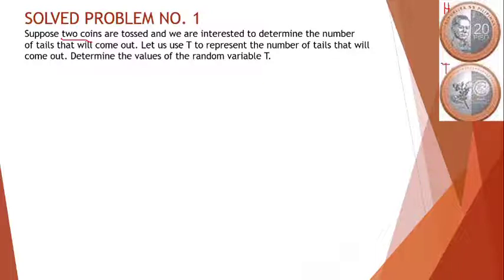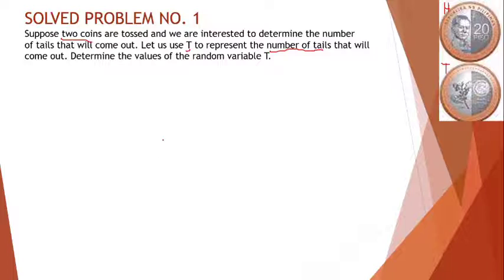I don't know why the back portion of the coin is called tails, instead of front portion and back portion, they indicate heads and tails. So let us use T to represent the number of tails that will come out. Determine the values of the random variable T.